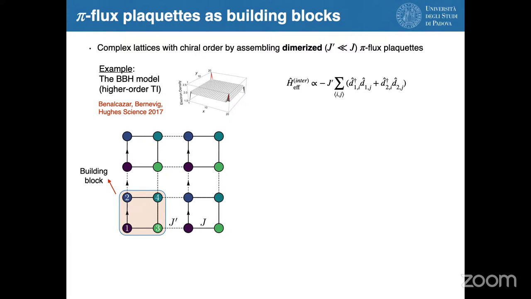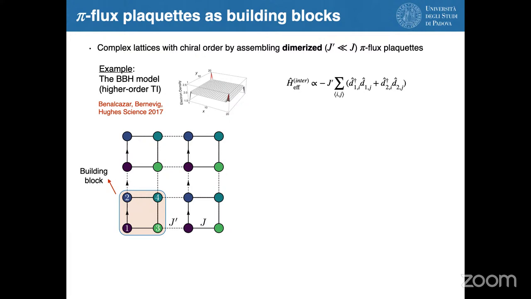And actually, all the plaquettes here have a pi flux. This lattice has been studied recently by the groups of Taylor Hughes, Andrei Bernevig, and Wladimir Benalcazar, and is an example of a higher order topological insulator. You may have seen the corner modes that appear for such a model in some presentations.